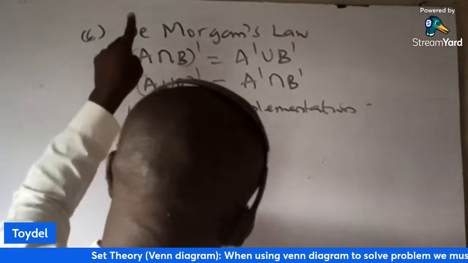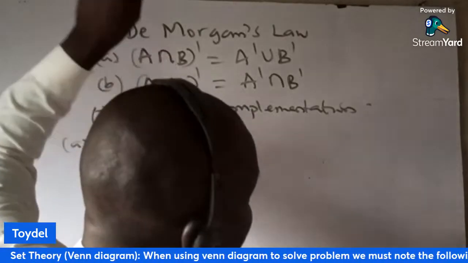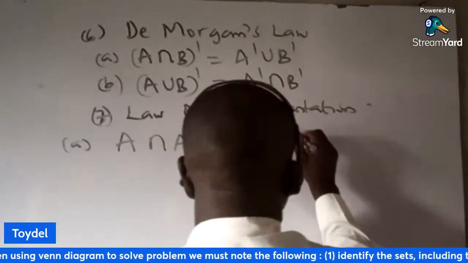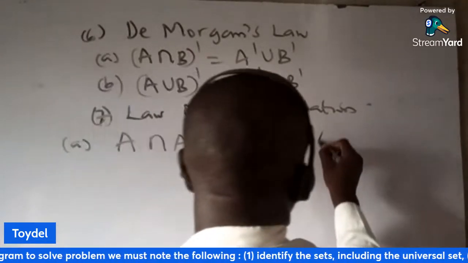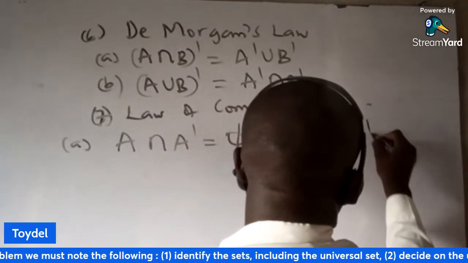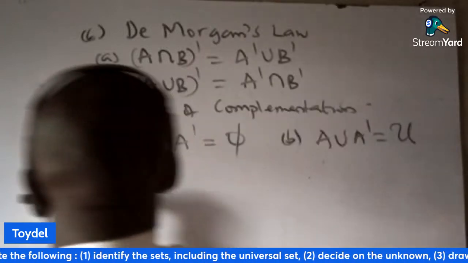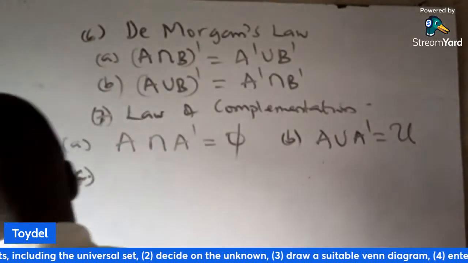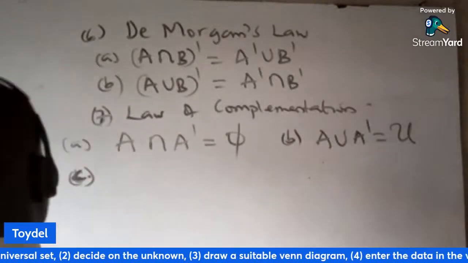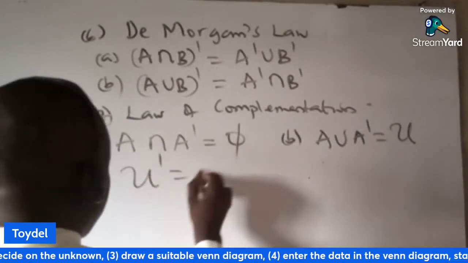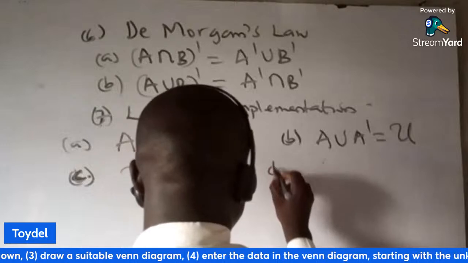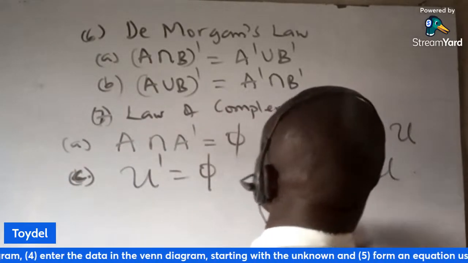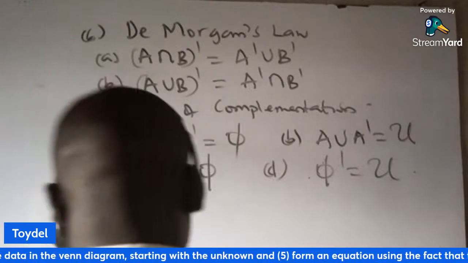A is a subset of the universal set, and A prime are the elements in the universal set that are not in A. Once you take the intersection, we are going to have an empty set. Then if you have A union A prime, that's going to give us the universal set. Then the universal complement is, of course, going to be empty. Then the last one is when you have the empty set's complement, you are going to have the universal set. So this is the law of complementation.